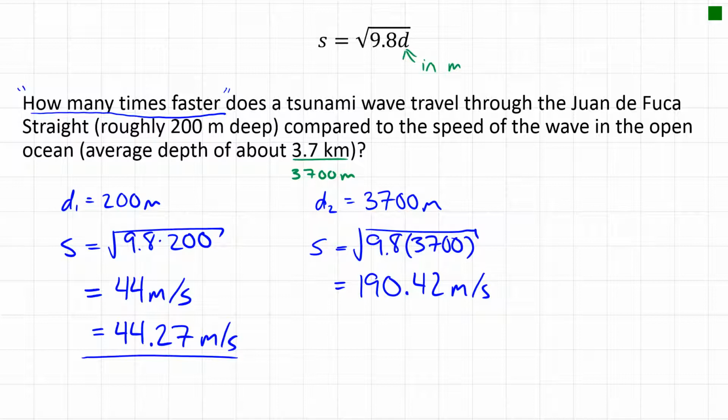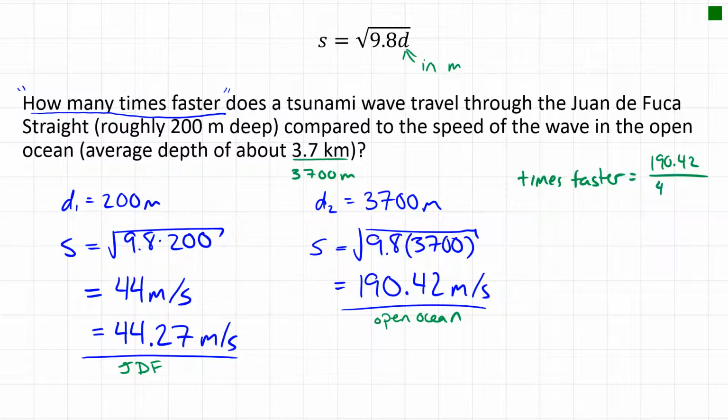So if I want to find how many times faster the open ocean speed is than the Juan de Fuca Strait speed, I will divide those two numbers. So times faster would be equal to 190.42 divided by 44.27. So in my calculator, 190.42 divided by 44.27.